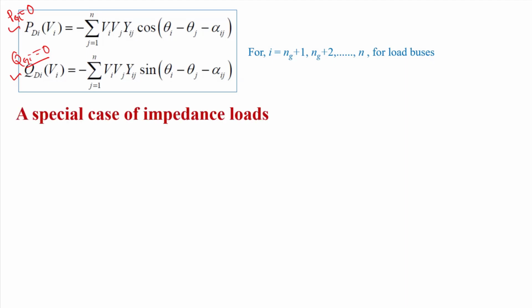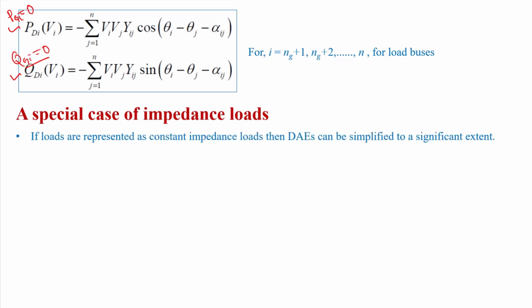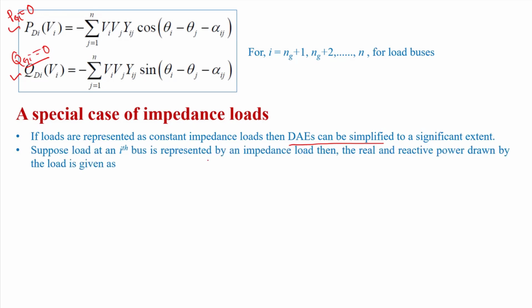Okay. So now I'll consider a special case of impedance load. Just considering the impedance load, we'll see how we can write our network equation. Impedance load means if the loads are represented as constant impedance, then your differential algebraic equations can be simplified to a significant extent.